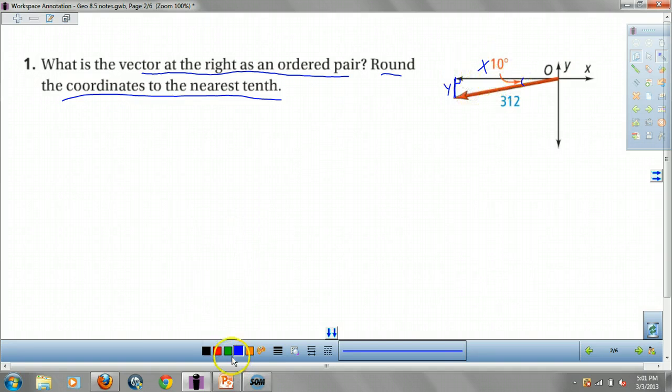Now, my 312 is my hypotenuse, right? My Y is opposite. My X is adjacent. So I need to use my good friend SOHCAHTOA to find X and Y. Now to find Y, what writes up is sine of 10 degrees equals my opposite, which is Y, over my hypotenuse, which is 312, right?